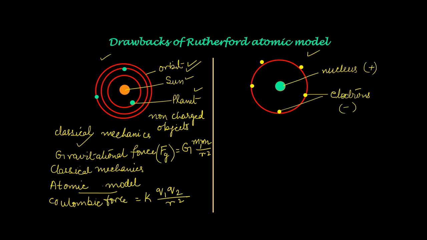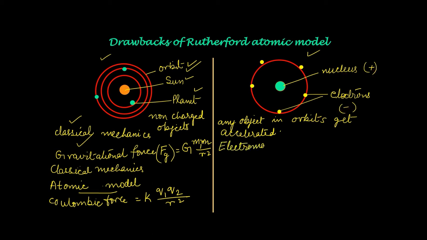This formula is similar to the formula for gravitational force. As the atomic structure is compared to the solar system, the electrons, which are like the planets, go round the nucleus in orbits. Any object which is moving in an orbit gets accelerated even if it is moving with uniform velocity. Since the direction is changing, it naturally gets accelerated. The planets as well as the sun are non-charged objects, but in this case the electrons as well as the nucleus are charged objects.